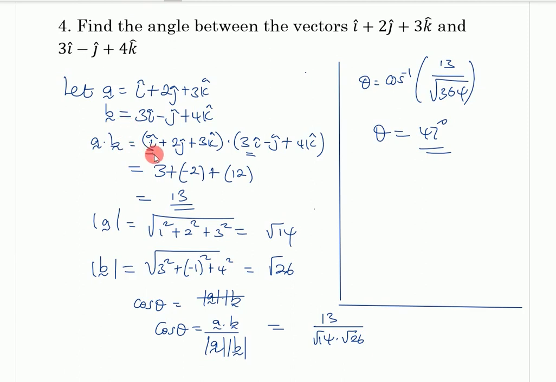If you want to get the angle, get the dot product, get the magnitudes of the different vectors and substitute in the formula. The formula is got from the definition of a dot product.